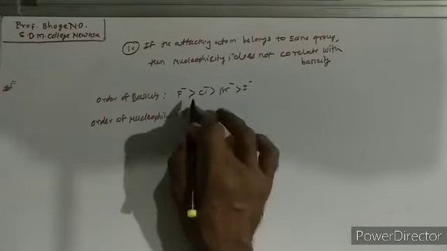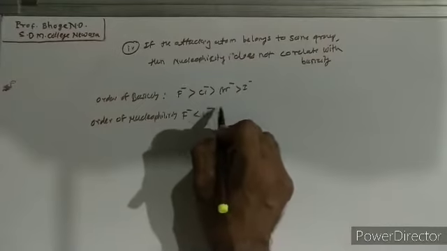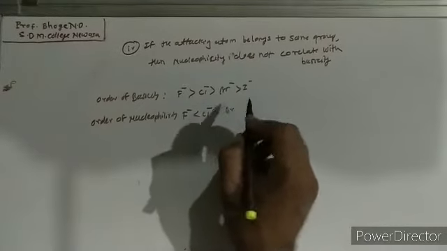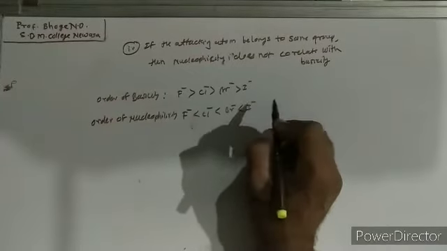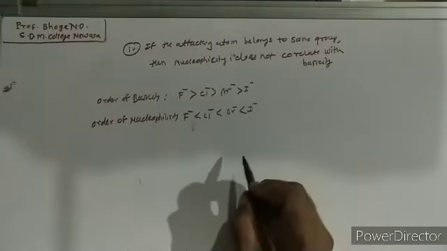Fluoride is less nucleophilic than chloride, chloride is less nucleophilic than bromide, and bromide is less nucleophilic than iodide. So iodide is the most nucleophilic.